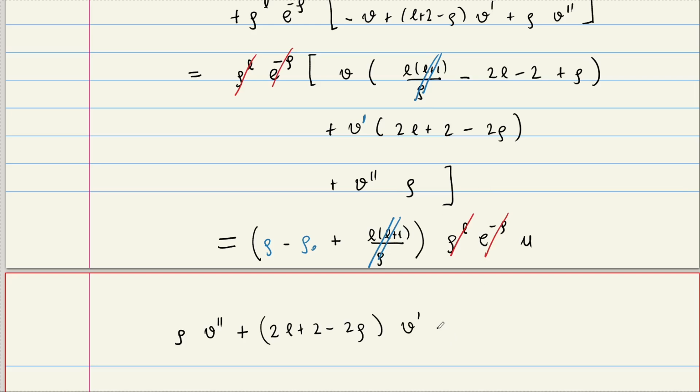And lastly, I collect everything on the same side. So this is going to be rho 0. So this thing is gone. And so this, you can see, is going to cancel this. Oh yes, good. At the end, I have rho 0 minus 2L plus 1. Anything else? That's it.